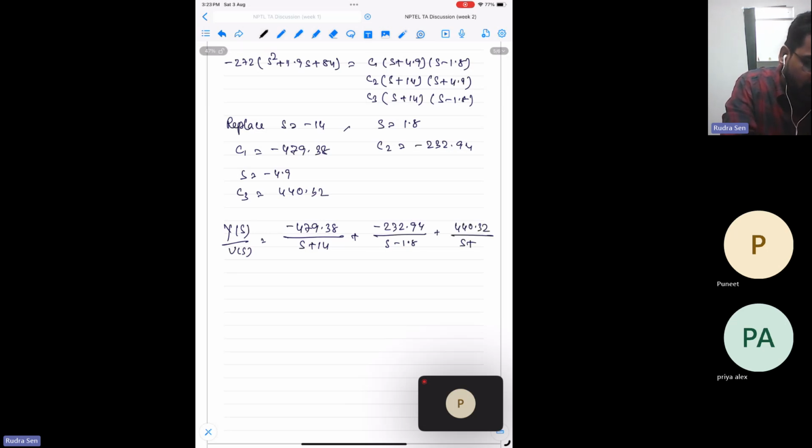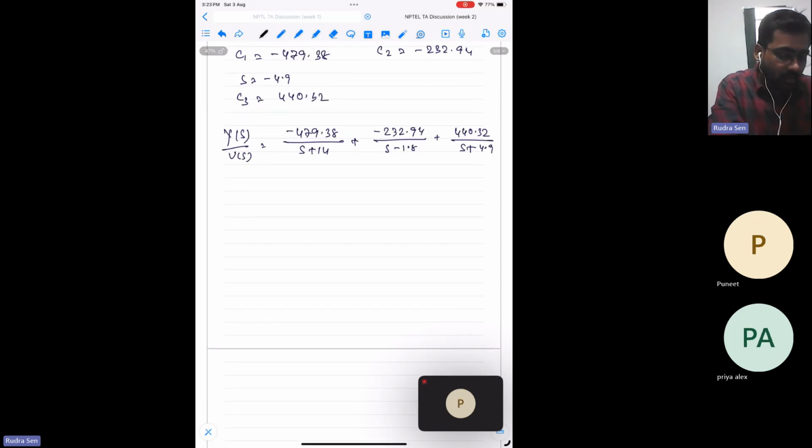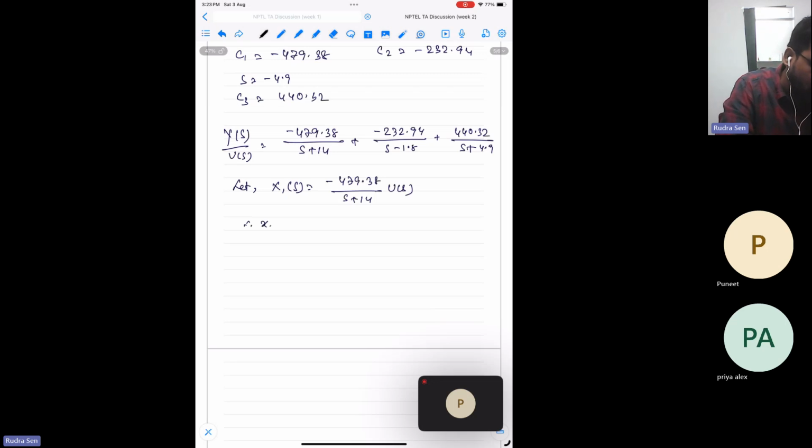by s plus 4.9. So if you do the cross multiplication, let me take X1(s) over U(s) equal to minus 479.38 divided by s plus 14. What I will get is x1 dot equals minus 14 x1 minus 479.38 u.